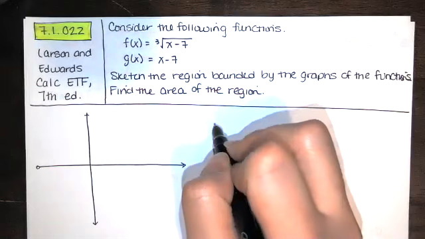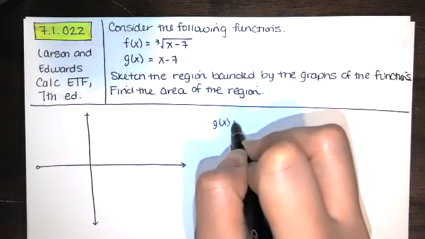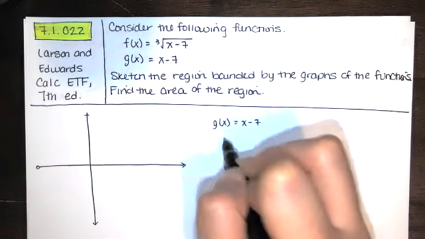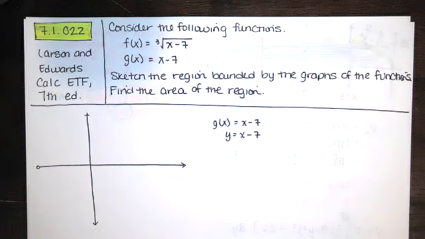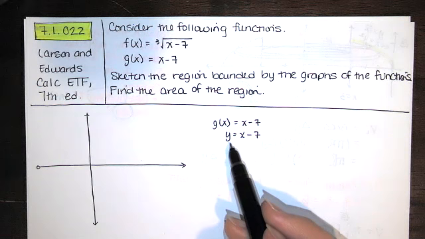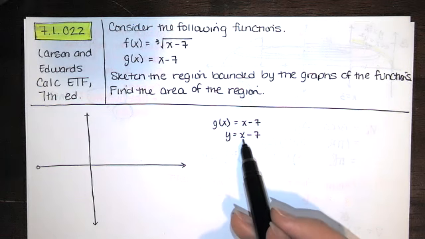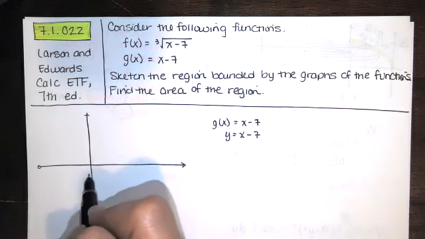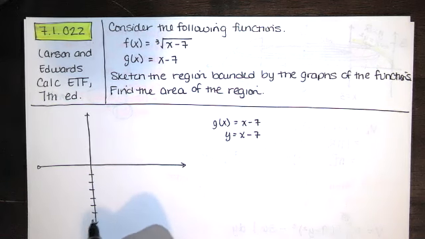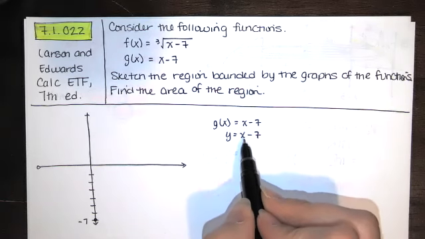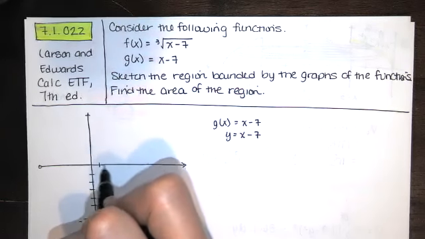g of x equals x minus 7. That's the same as something like y equals x minus 7, where y is equal to g of x. This shows us that when x is equal to 0, y is negative 7. And when x is equal to 7, y will be equal to 0.